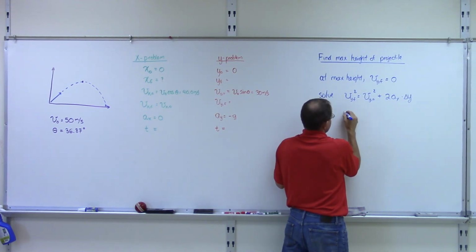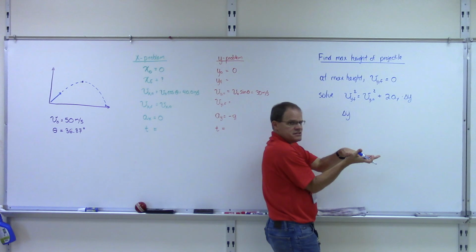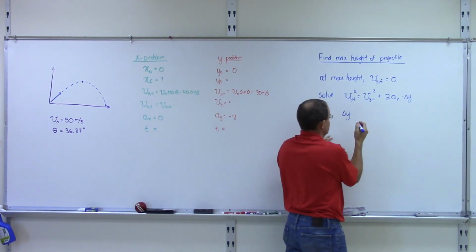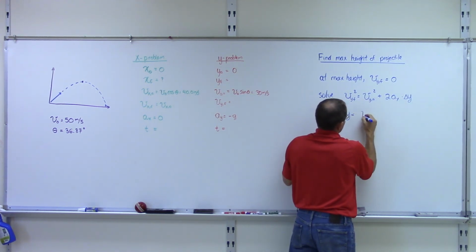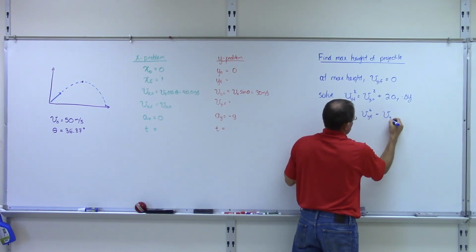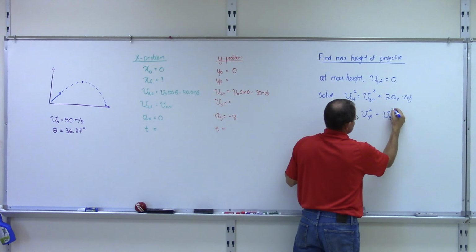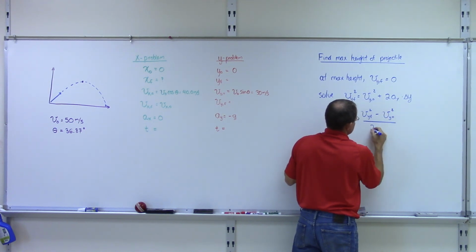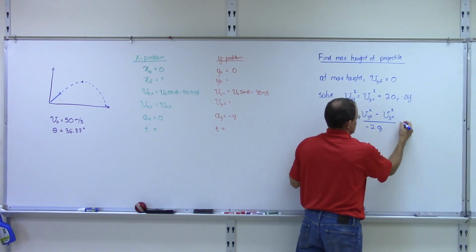So when I do this, I'm going to get delta y, the distance it goes up from its starting point, is going to equal the velocity in the y direction final squared minus the velocity in the y direction initial squared all over 2 times the acceleration in the y direction, which is negative g.